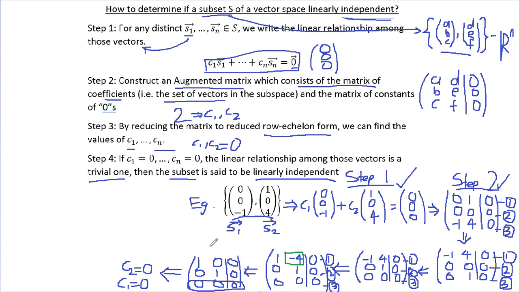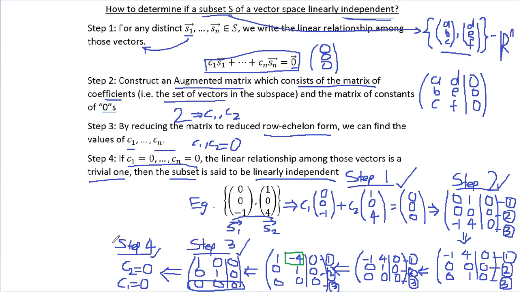Our step 3 is in reduced row echelon form, because 1 is the only entry in this column, and the same for this one. So step 3 is done. We found the values of C1 and C2. So step 4 is done.